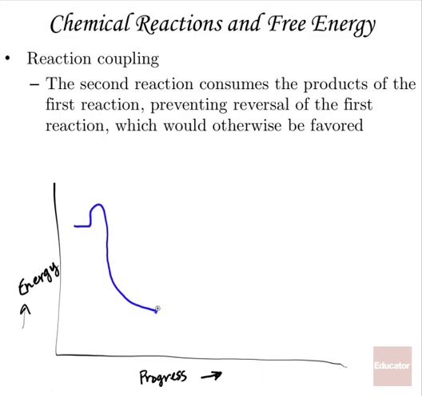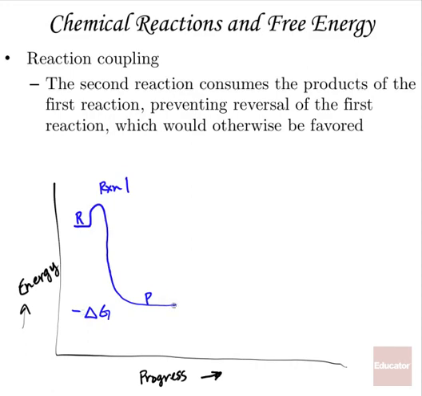This could be a reactant. Product. This could be reaction 1. And as we can see here, the products are much lower in energy than the reactants. Therefore, it is highly negative delta G.